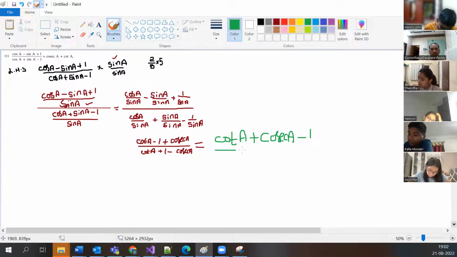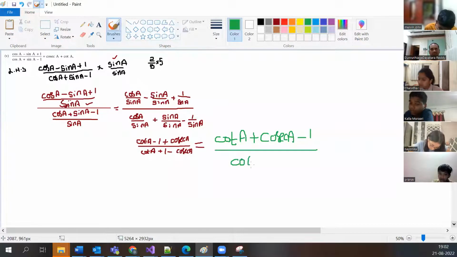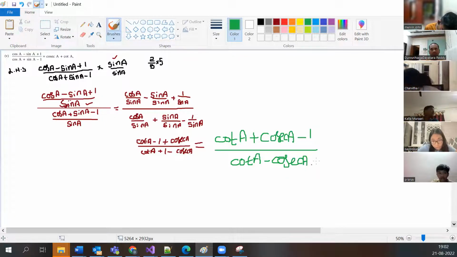Minus 1. Denominator as it is. Even if you want, you can put cot A minus cosecant A plus 1.